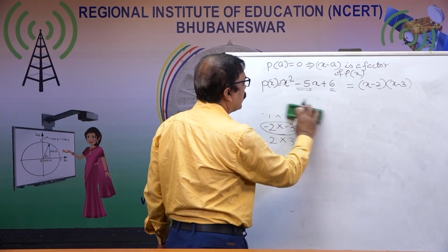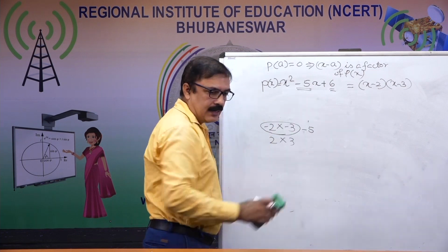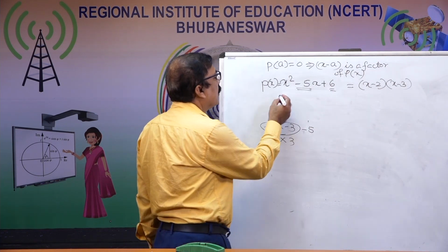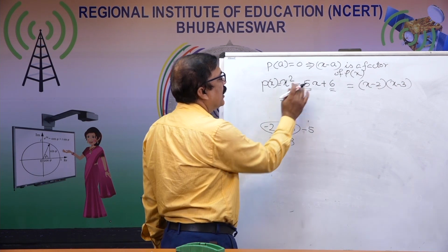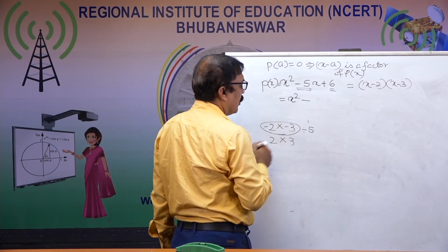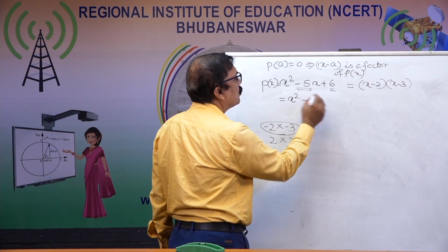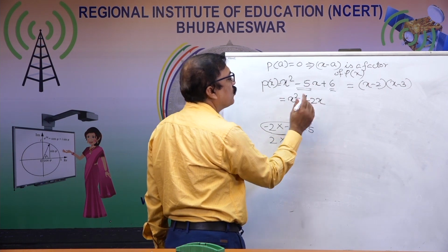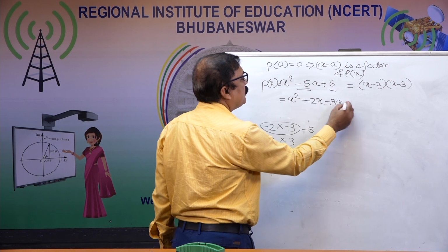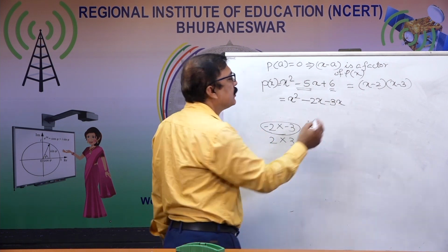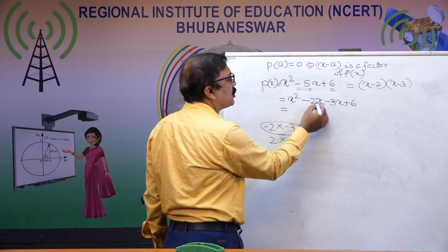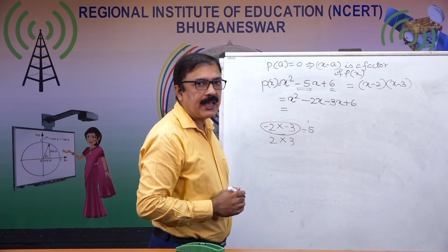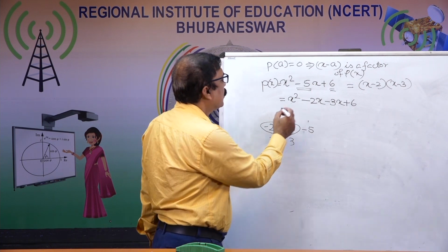So, our choice is this one. We will start with this one and the middle term splitting. So, x square minus 5x is x square minus 2x minus 3x plus 6. From the first two terms, we can take x as common.